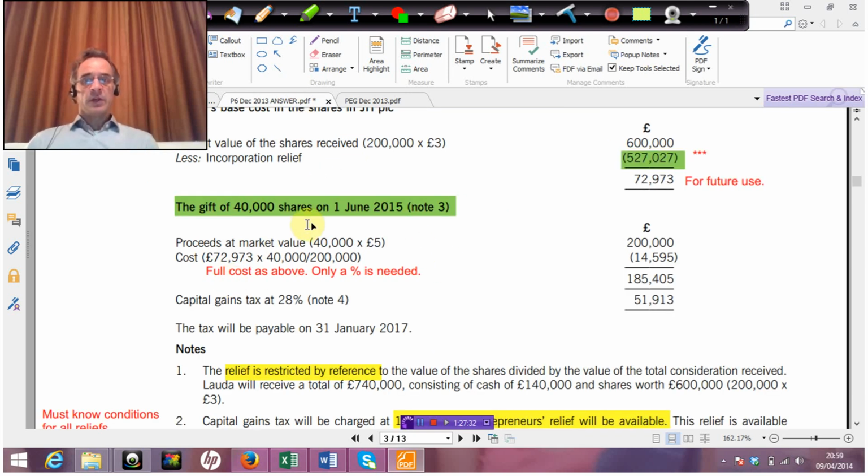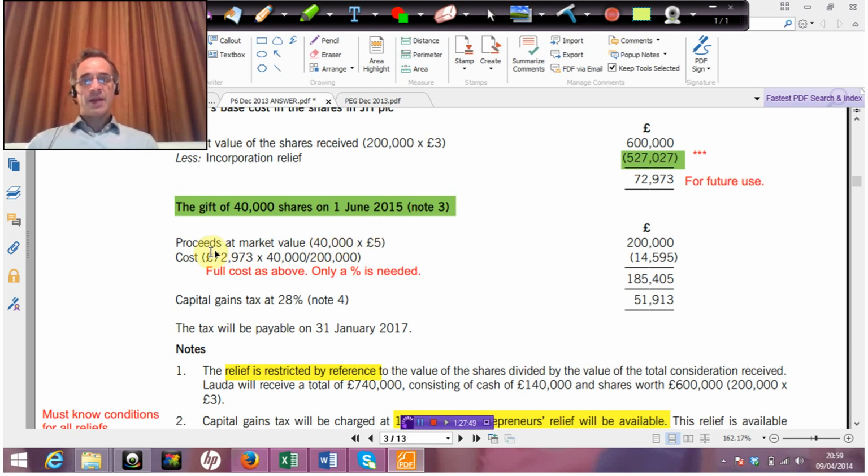Okay, so in terms of the gift at 1 June 2015, all that we had to do is to take the proceeds at that date. So that figure is in effect given in the question. We're just multiplying the number of shares being gifted by the MV at the date.